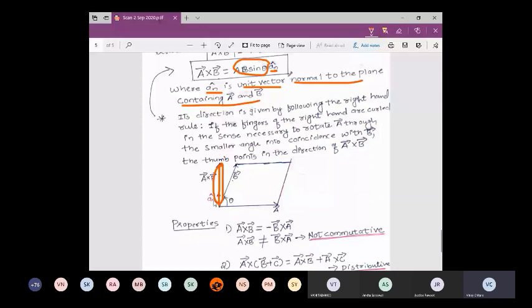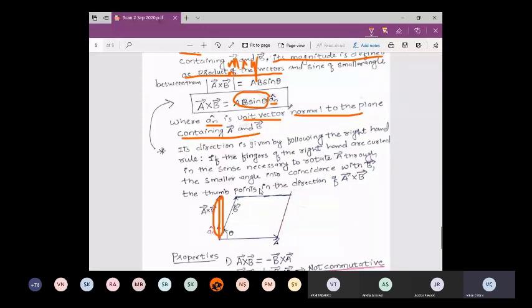Now we have the right hand rule to find the direction of A cross B. If the fingers of the right hand are curled in the sense necessary to rotate A through the smaller angle to coincide with B, the thumb points in the direction of A cross B.